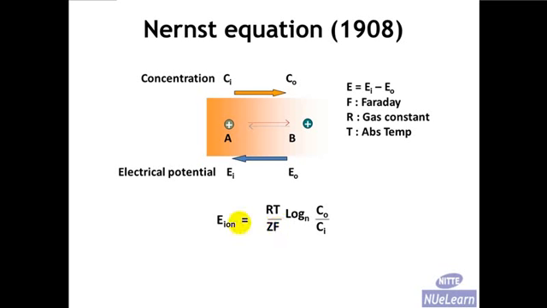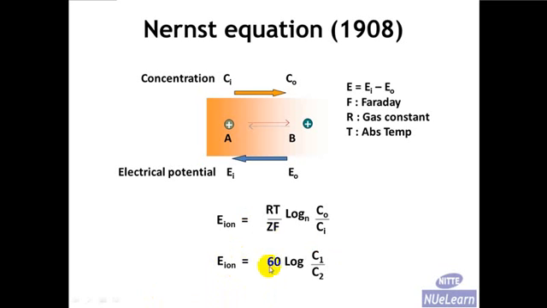So the Nernst equation gives us a way of estimating or predicting the equilibrium potential if we know the concentration of ions on either side of the membrane. If you apply this to a cell, for example, if you know the concentration of potassium in the extracellular fluid, that is outside the cell, and if you know the concentration of potassium in the intracellular fluid, that is inside the cell, then one can calculate the equilibrium potential for potassium across the membrane by applying the Nernst equation.